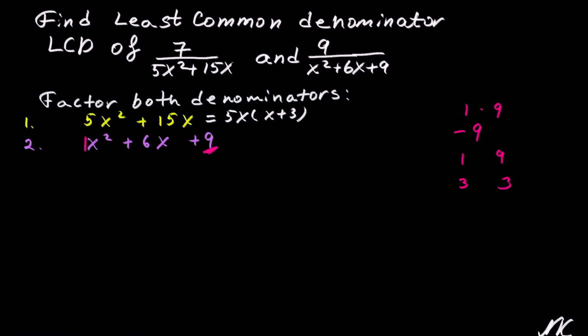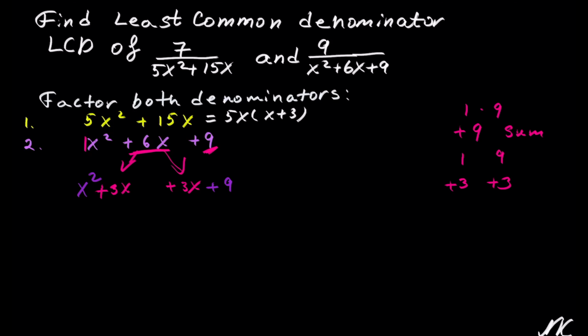Since the product is positive, we look for sum, and we need the sum of the middle term. The factor pair of 3 and 3 will add up to 6x, so we can rewrite 6x as 3x plus 3x, and we keep everything else as is: x squared plus 3x plus 3x plus 9.